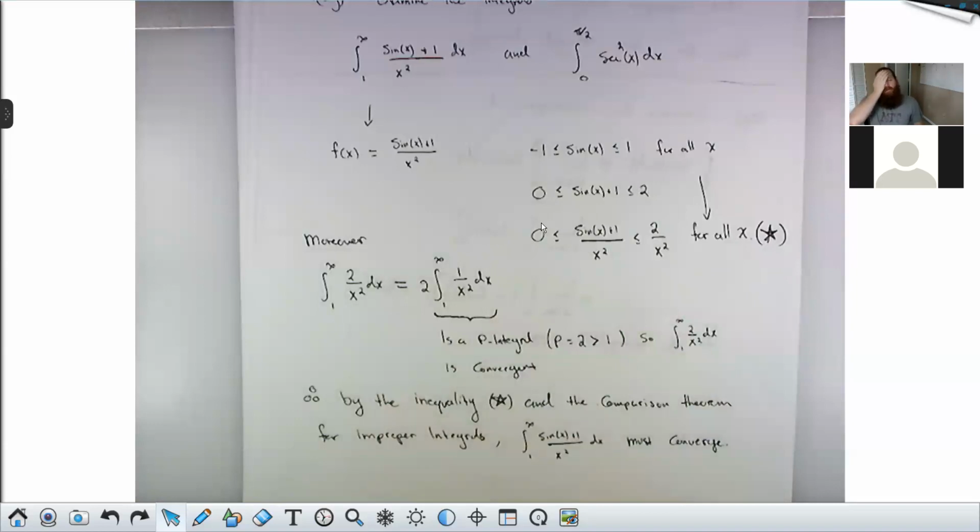This is a problem that feels a lot like the majority of the problems that we'll be doing for the next several weeks. Sequences and series will feel similar to this. Any questions on how I was able to conclude that the first integral here converges?